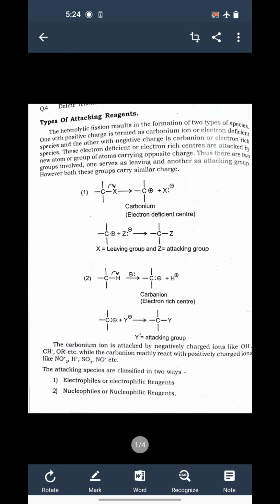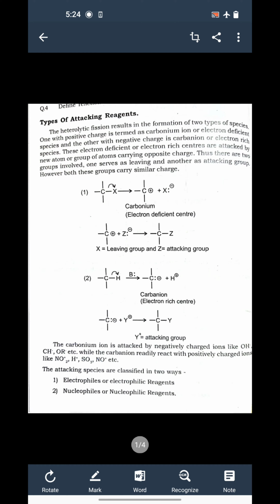Now again we take the same carbonium ion, and now we use another negatively charged ion. When another negatively charged ion attacks the carbonium ion, a new C-Z bond is formed.